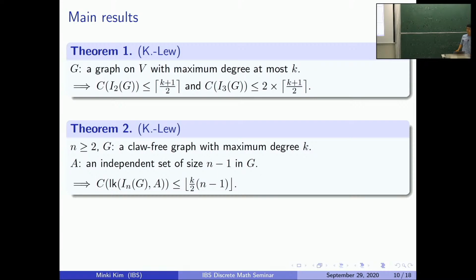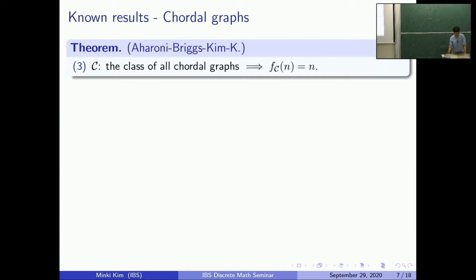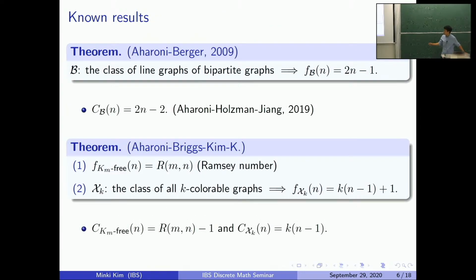Any other questions? Is there any other graph class to be considered? I don't know if it's an interesting question, but in this paper we also proved that if we forbid, instead of K_m, K_m minus an edge, like a diamond, then this f_n is also bounded for that graph class.